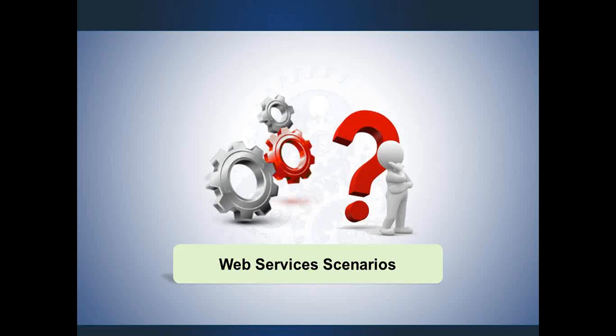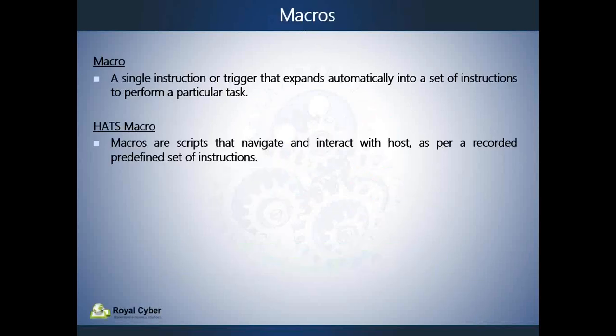Now we will discuss some scenarios of how web services are serviced or consumed in HATS. To better understand how HATS handles web services and how they are architecturally handled by the HATS engine, first we have to see what macros are, and what HATS macros are specifically.